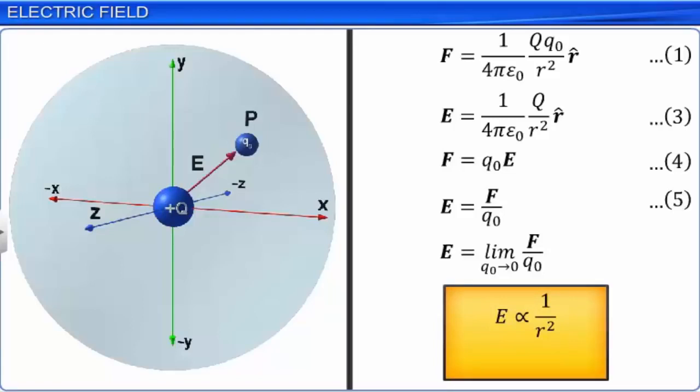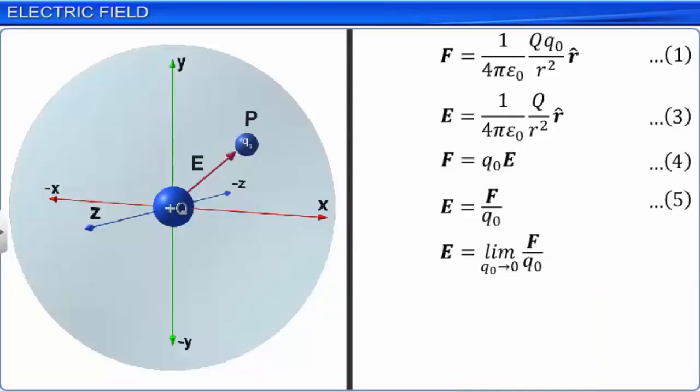It varies with R cap and is inversely proportional to R square. The electric field at any point in the electric field is finite and is 0 only when distance R is equal to infinity.